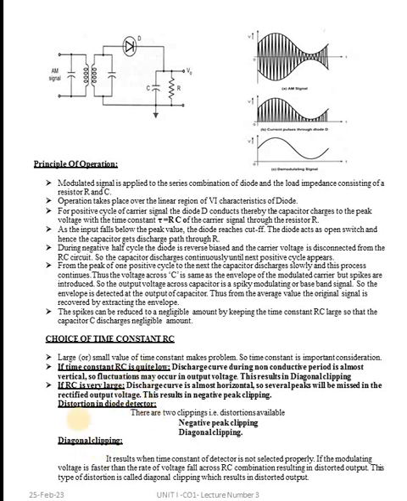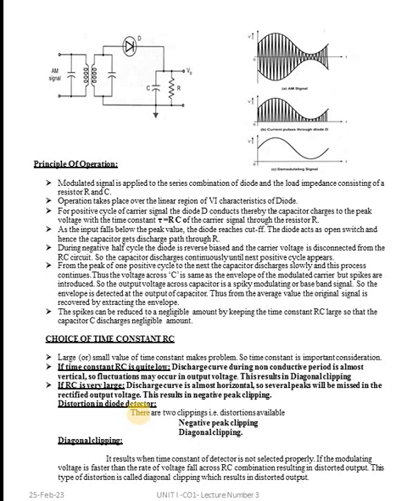We will start with diagonal clipping. As I told earlier, this diagonal clipping happens when we fix the RC value as quite low. So we have to fix the RC value in a proper way. When the time constant of a detector is not selected properly, the modulating voltage is faster than the rate of voltage fall across the RC combination, which results in distorted output.